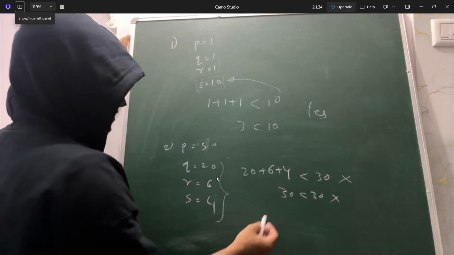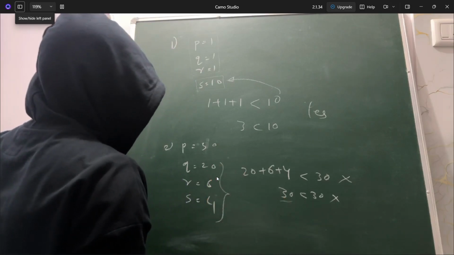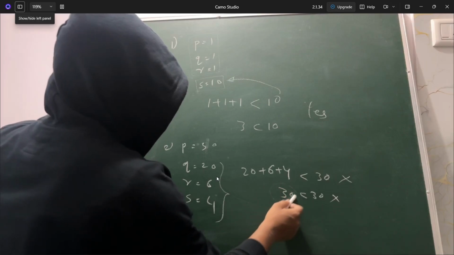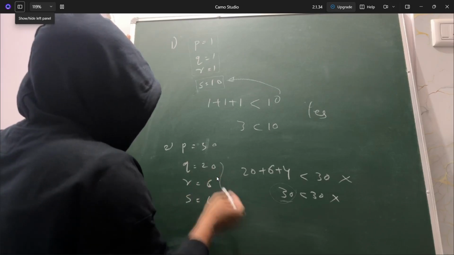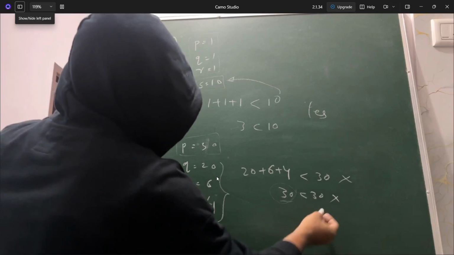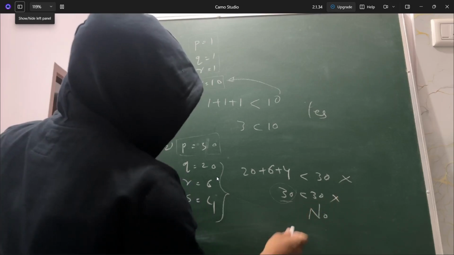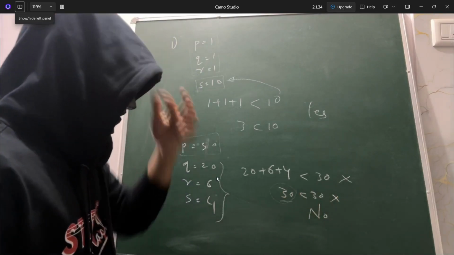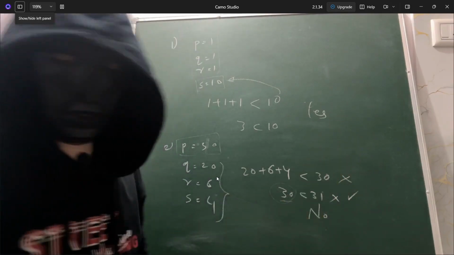It has to be strictly greater than. If you take any other combinations, that will not satisfy. So 30 is the sum of profit gained by the other 3 companies, and 30 is what one company has made. Both are equal, so in this case you have to print no. In the question they have said strictly greater than, so it should be either 31 or something like that. Then in that case we will say yes.